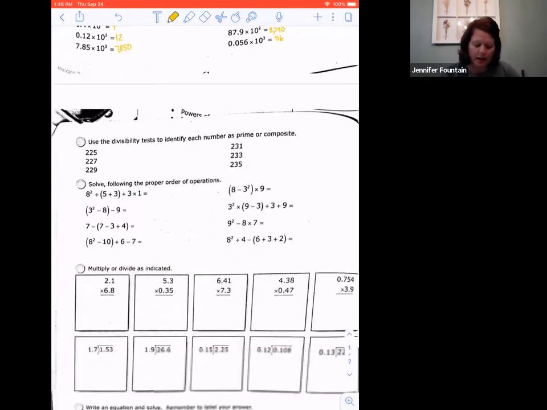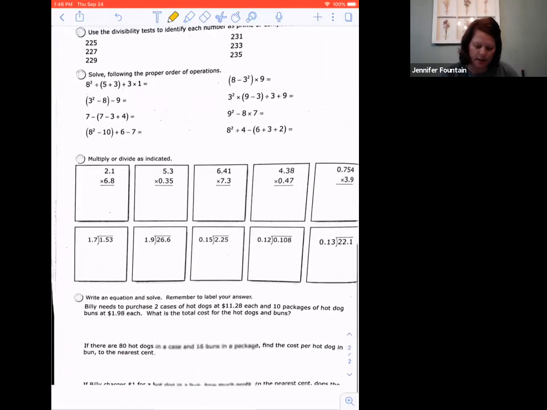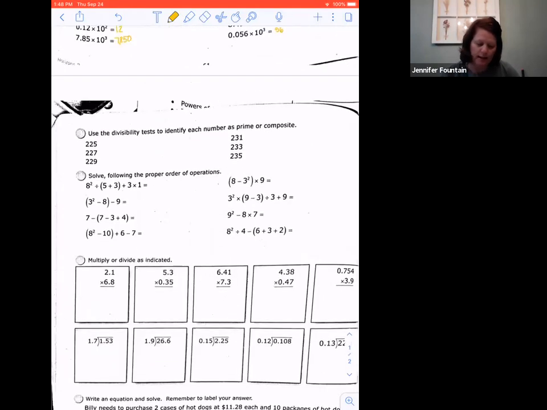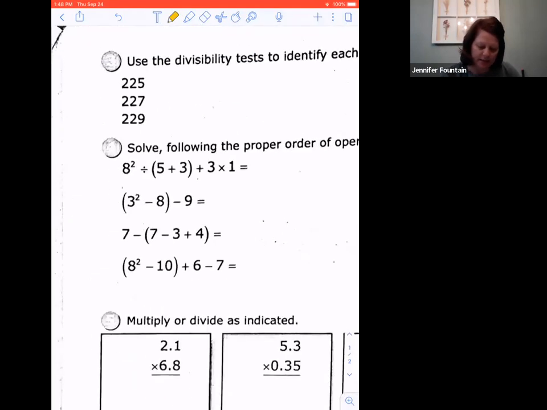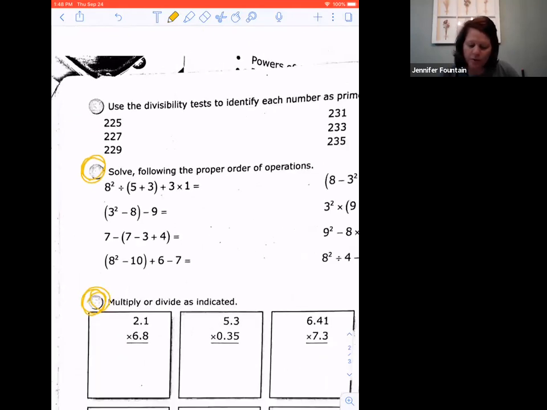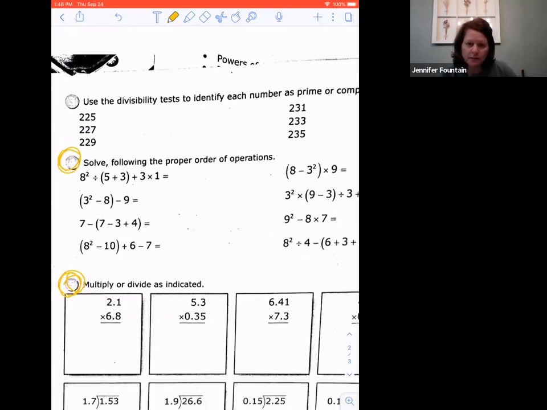So let's go ahead and take a look at this page for homework, and we will have activities 4 and 5. Okay, so order of operations, think about your PEMDAS, and then multiplying and dividing decimals. So let's go ahead and talk about our complete list of homework, and then that way if you decide you want to stay logged in and work on this, you can.